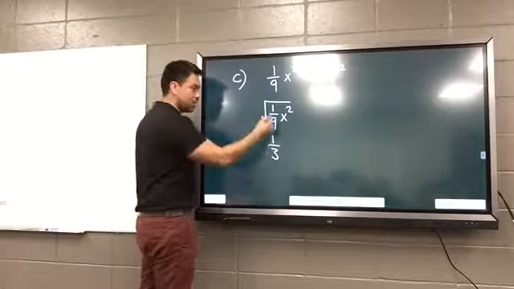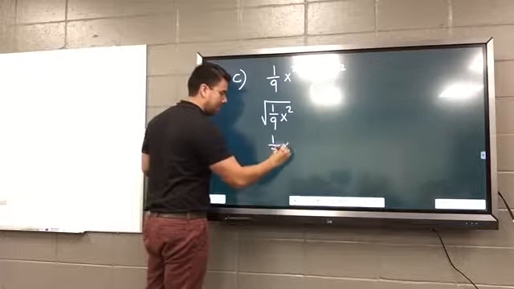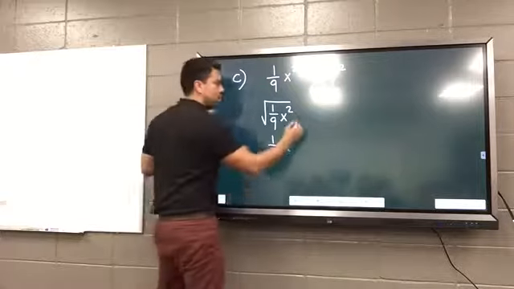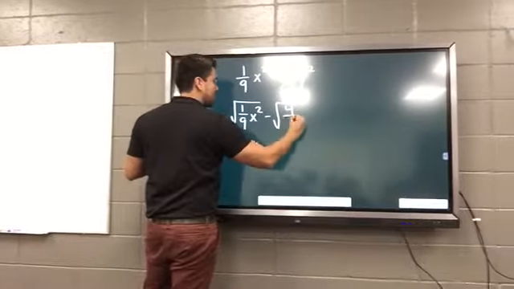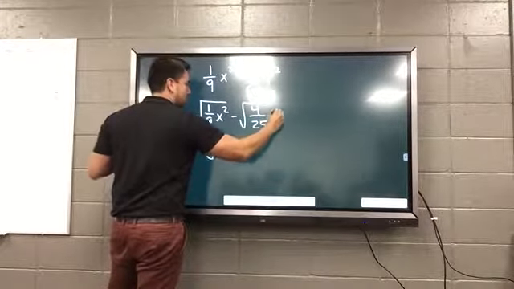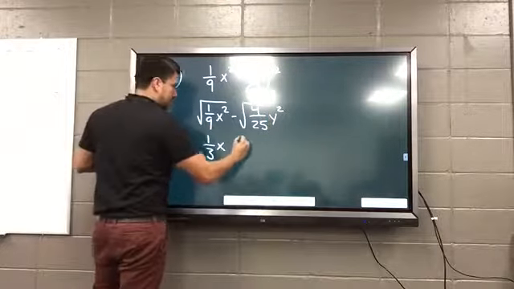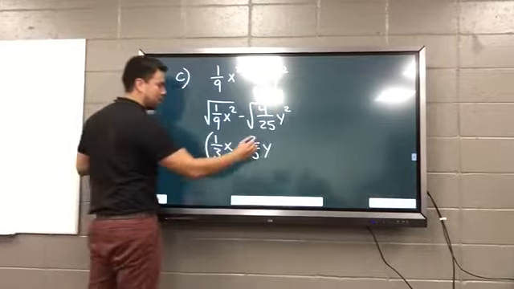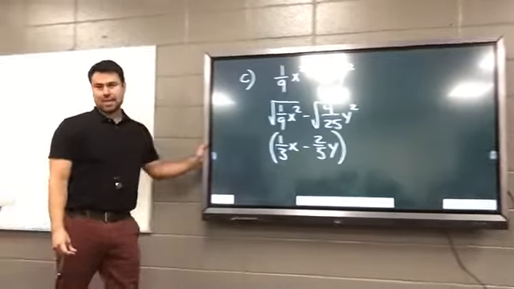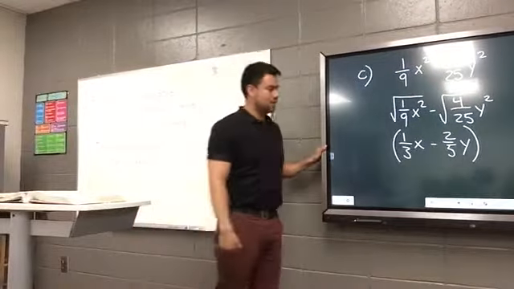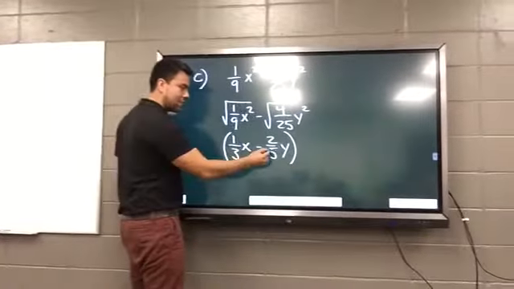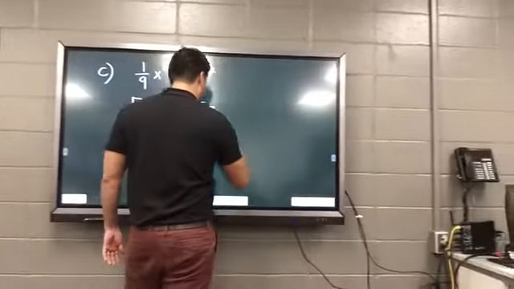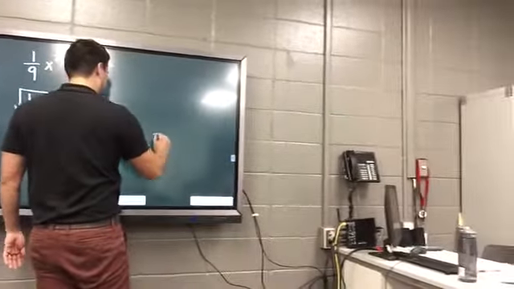So the square root of 1/9 is 1/3 x, minus the square root of 4/25 y squared, which is 2/5 y. That's your first binomial. Give me the second one. It's the same as the first one, except it's 1/3 x plus 2/5 y. And that is factored.